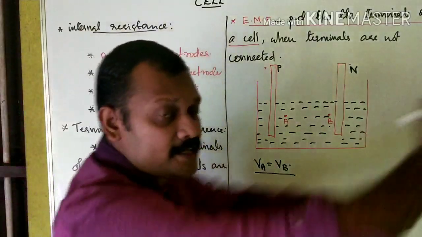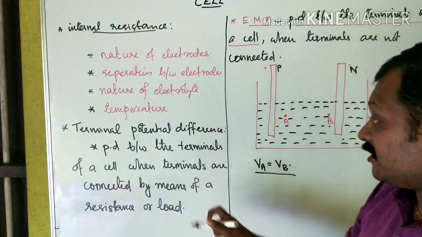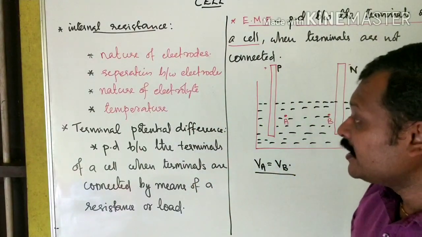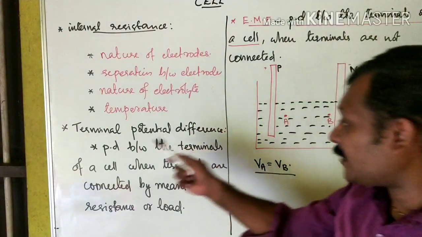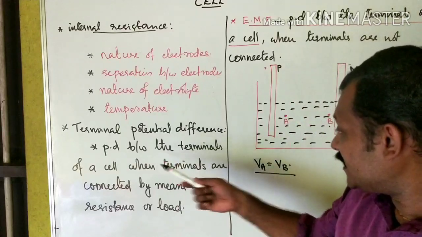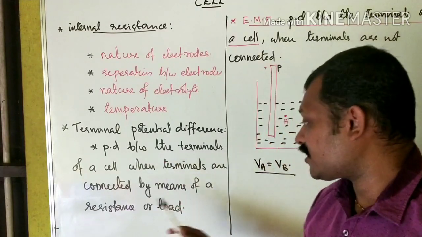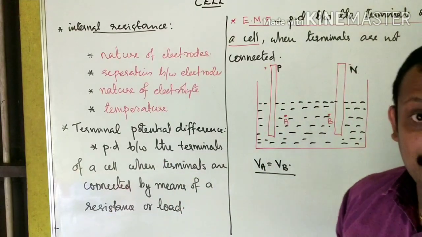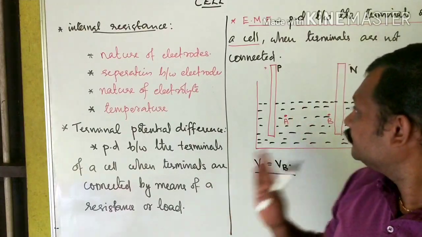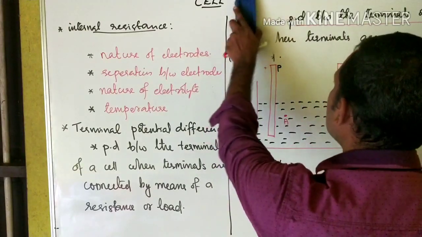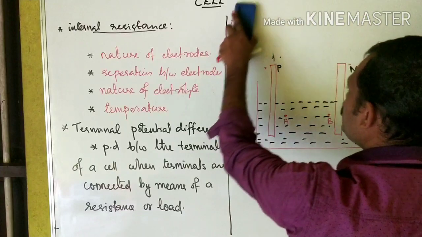Read this definition clearly. The potential difference between the terminals of a cell when the terminals are connected by means of a resistance or a load. Load means a device. Now that is the definition of terminal potential difference.